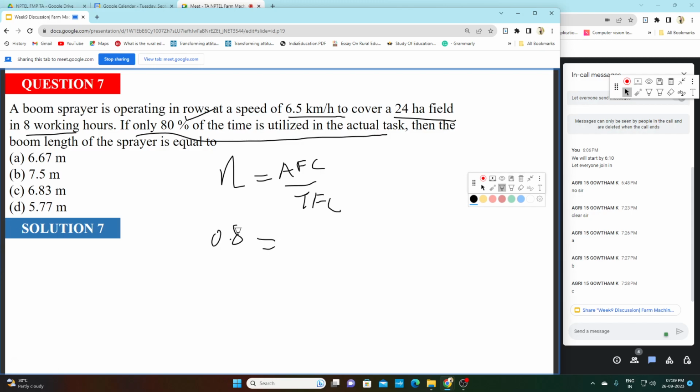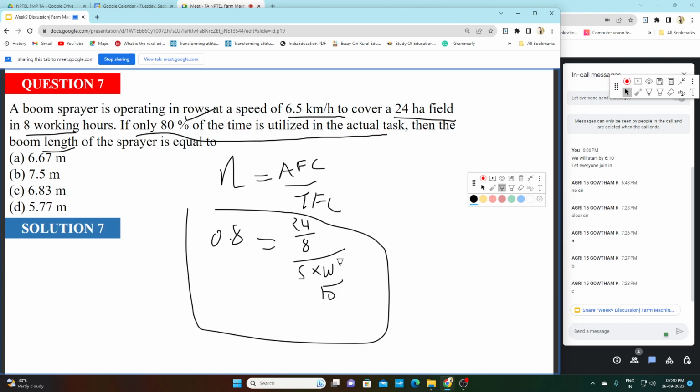What is AFC? AFC is your actual area covered divided by actual time taken. So 24 divided by 8, that is 3 hectare per hour is your AFC. Now what is TFC? TFC is S into W by 10. S we have already been given, 6.5 kilometer per hour, and we have to find the boom length, or the W. So if we solve this, you will get the W, the width or length of the boom.